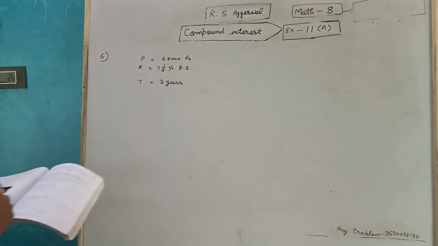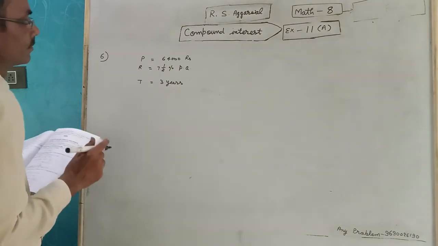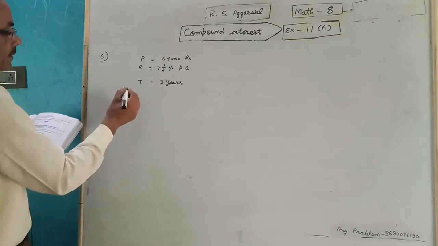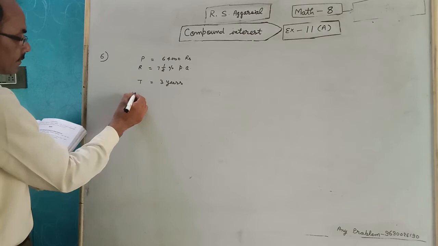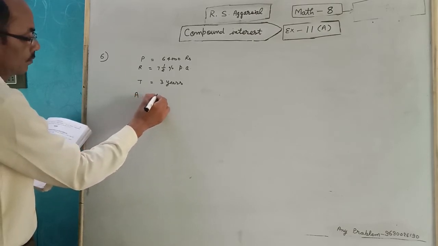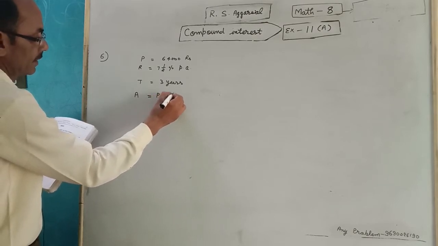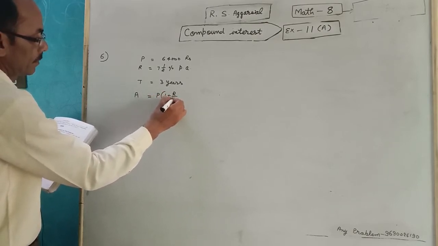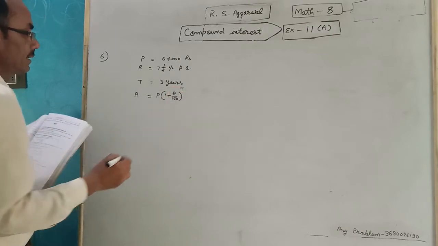What amount will he get? The amount is equal to P bracket 1 plus R upon 100 power T.